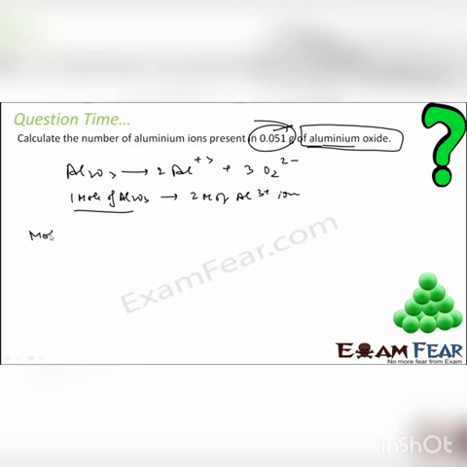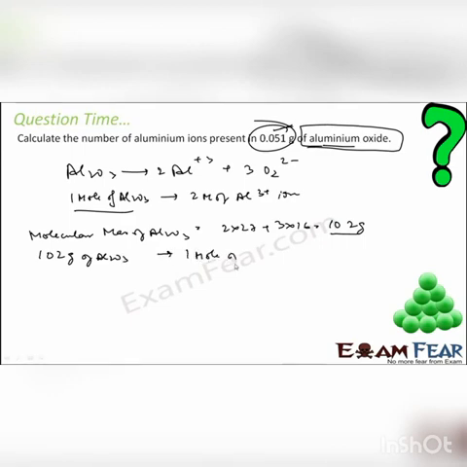So Al2O3, the molecular mass of Al2O3 is what? 2 aluminum, 2 into 27, 3 oxygen, 3 into 16, 48 plus 54, 102 grams. So that means 102 grams of Al2O3 is equal to 1 mole of Al2O3.